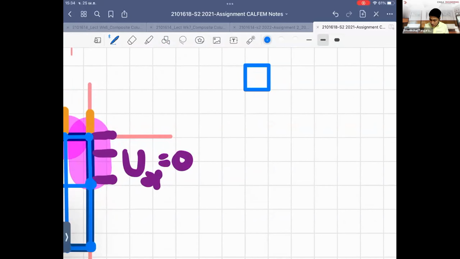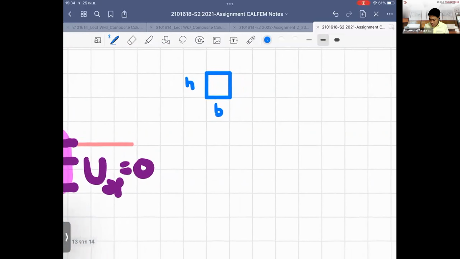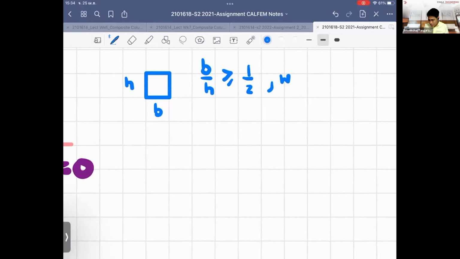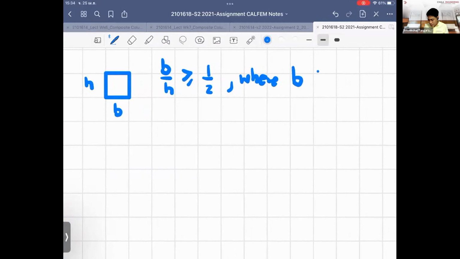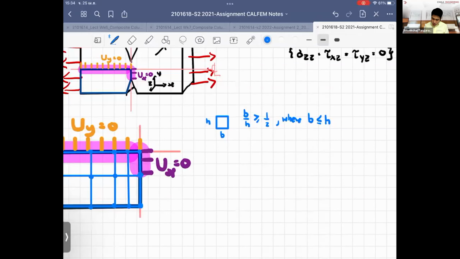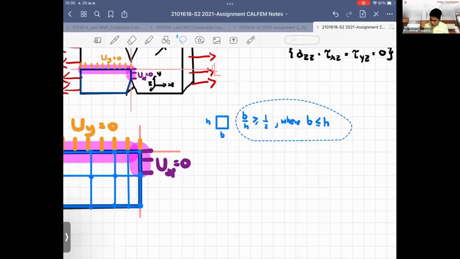Assuming that you have B and this is H, B over H has to be at a minimum 1/2, where B is less than or equal to H. We try to keep the aspect ratio of the element from being too stiff.